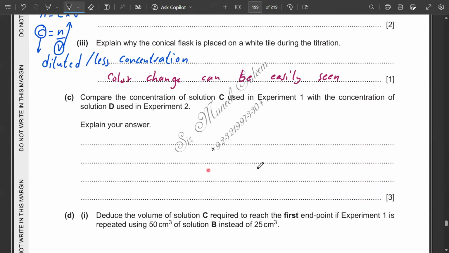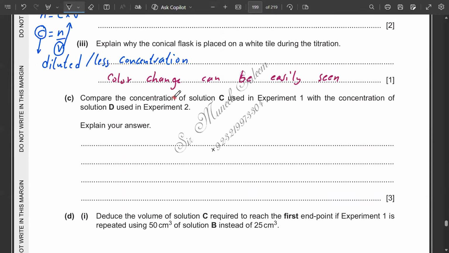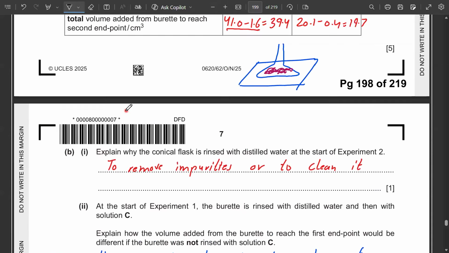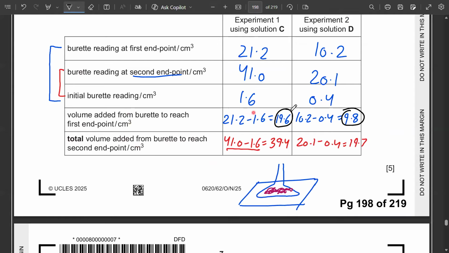It is just stating that compare the concentration of the solution D and C. Solution C was used in 1 and solution D was used in experiment 2. So we can basically compare either these two results with each other, or you can compare these two results with each other. It's up to your choice.